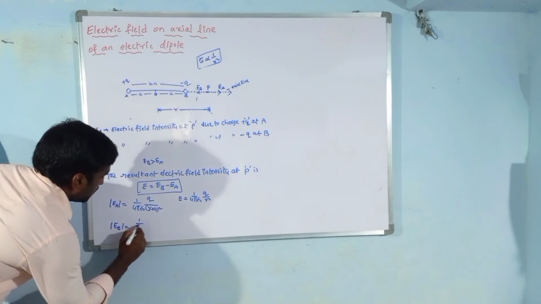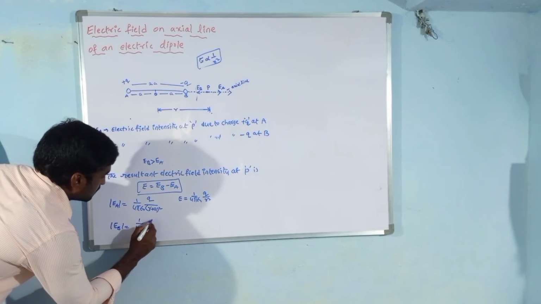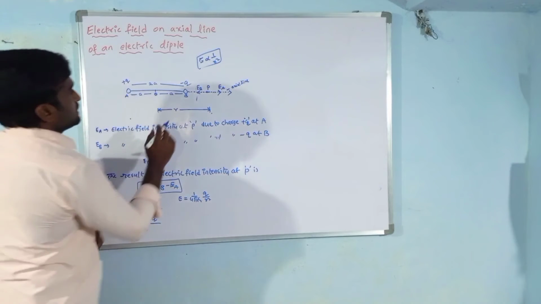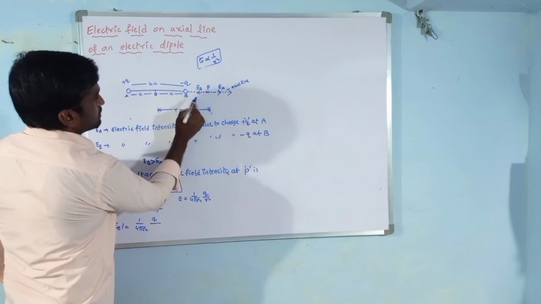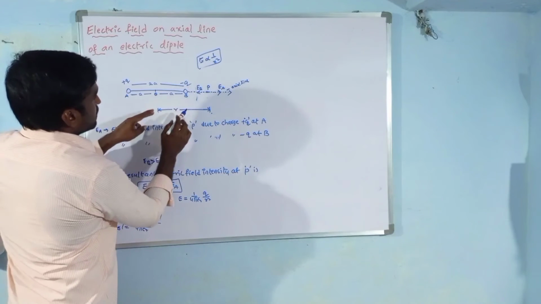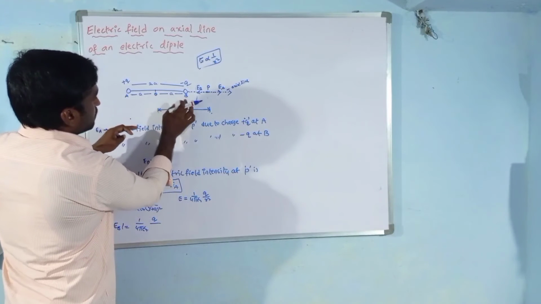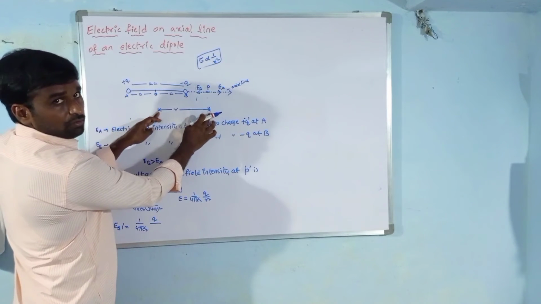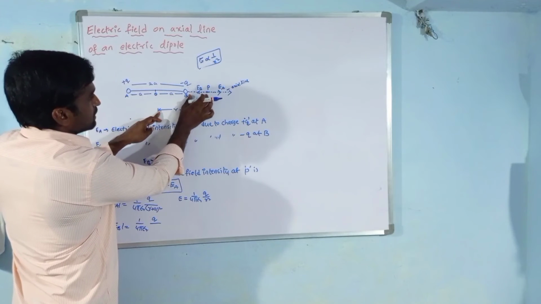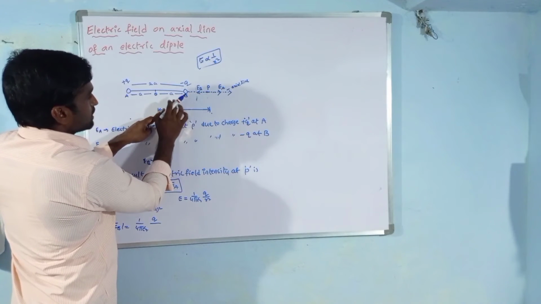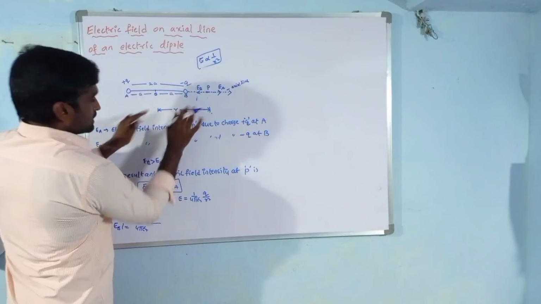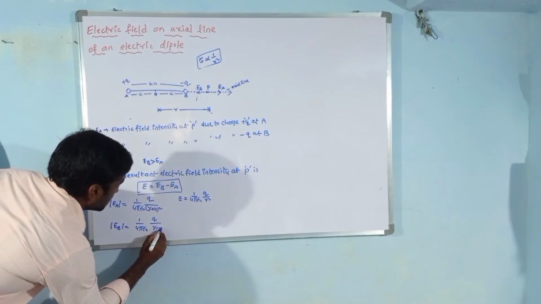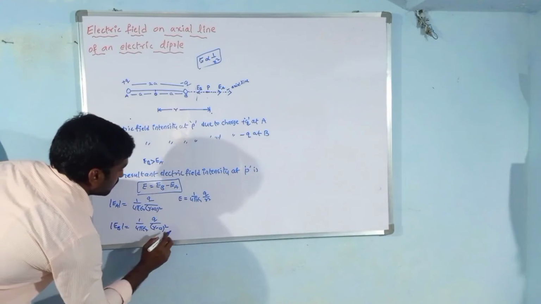EB means 1 by 4 pi epsilon naught Q by, what is the distance between these two? We get this distance by subtracting A from the total distance. That means R minus A whole square.